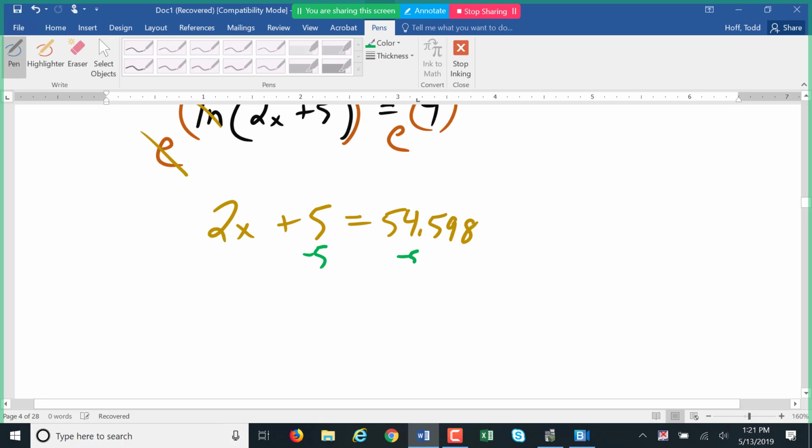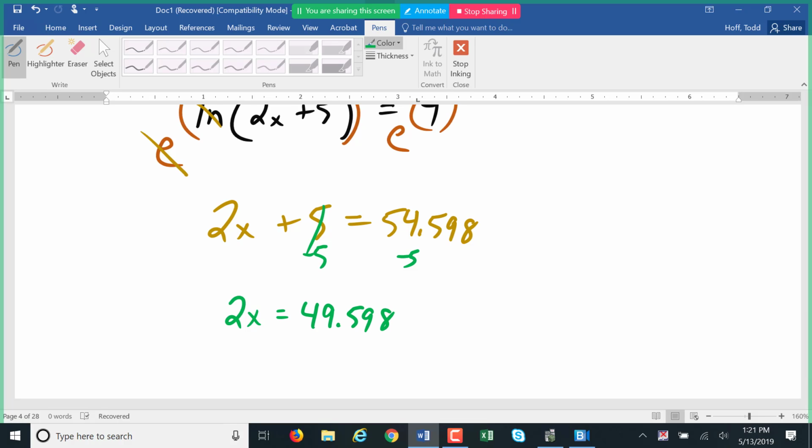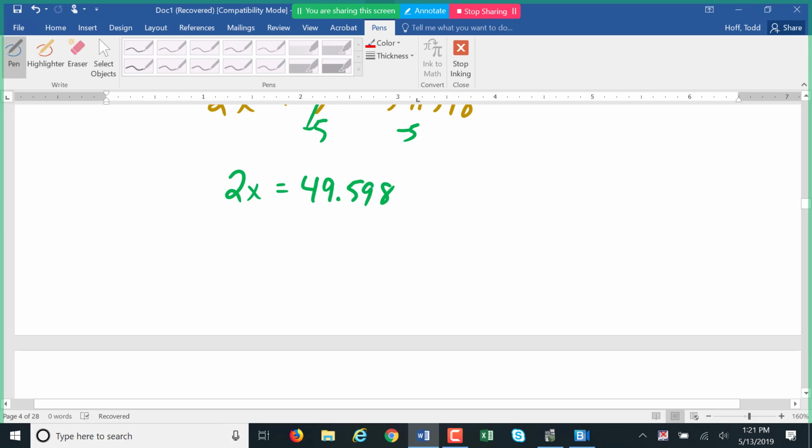Subtract 5. 2x equals 49.598. And then? Divide by 2. Good. X equals 24.799.